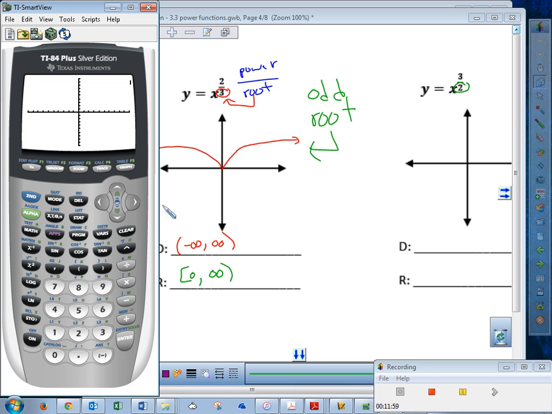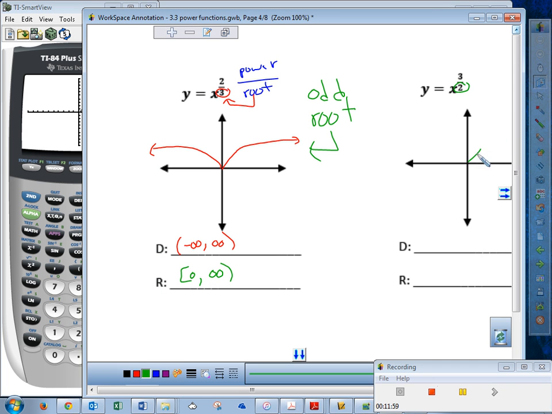You only have one little branch. Because what kind of root are you taking? An even root. And in this case, a square root. Right? Square root. You should know you can't take the square root of negative numbers in the real number system. If you look over at your negative x values, there's nothing over there because they can't do it. Right? You can't take the square root of negative numbers.